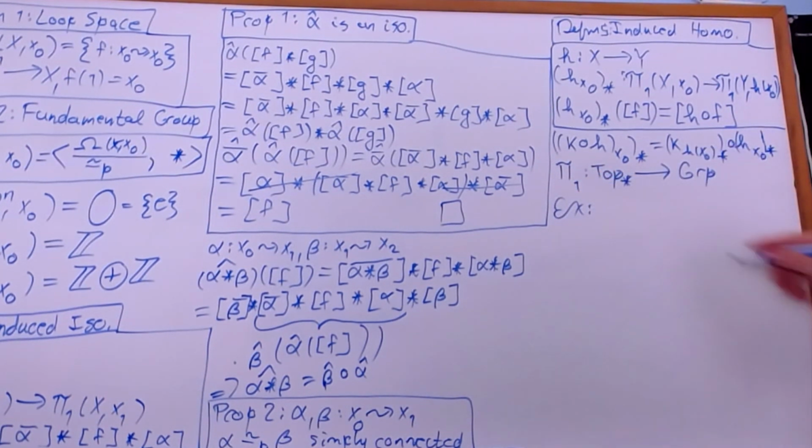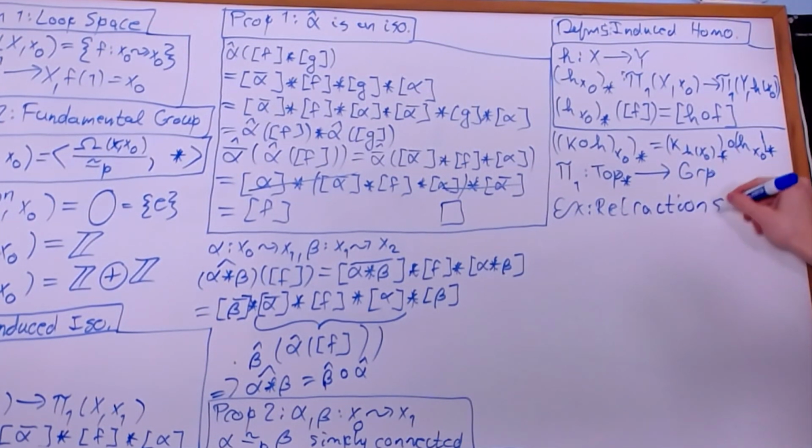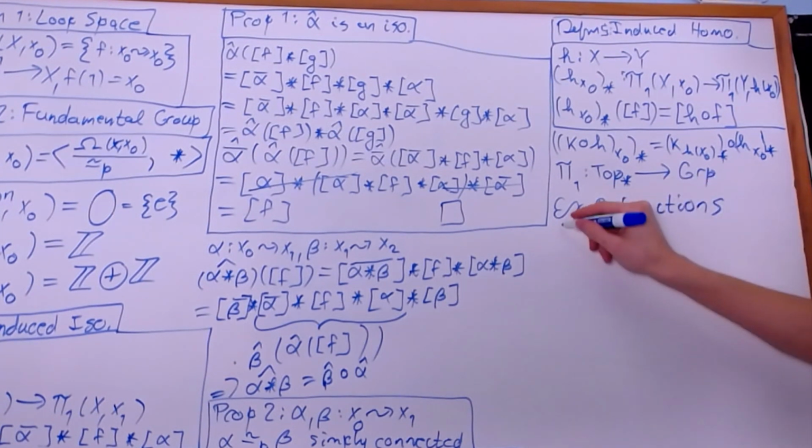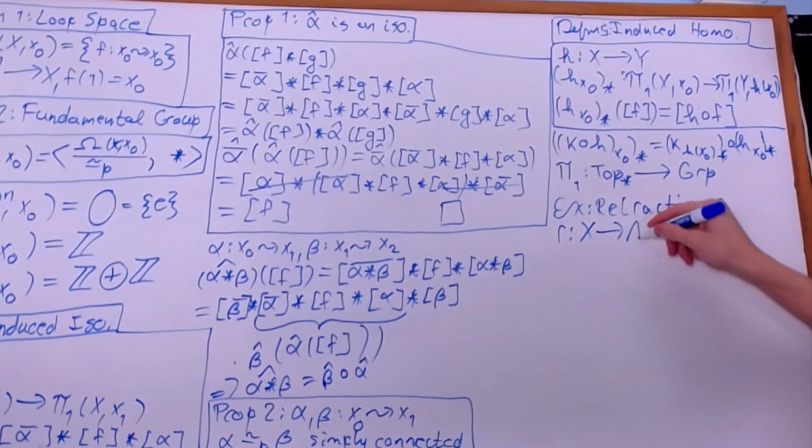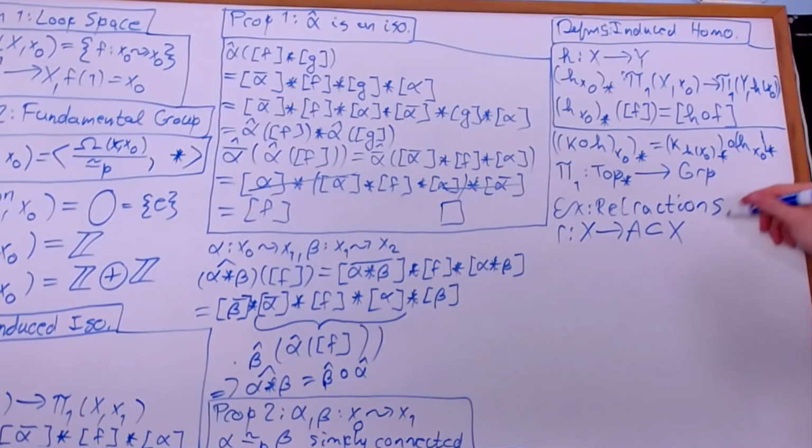The example is going to be of retractions. Now you might have heard about these before. What a retraction is, it's a map, R, which takes you from a topological space into some subspace, A. And you do the subspace topology on A there. You also have the additional property that R of a is a for any a in that subspace.